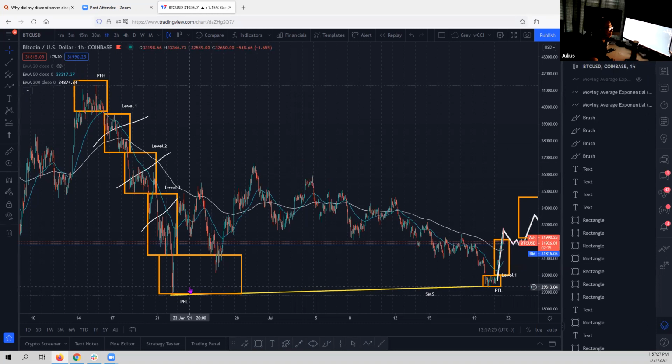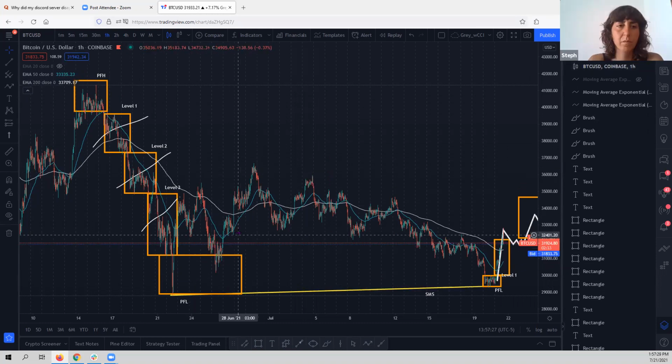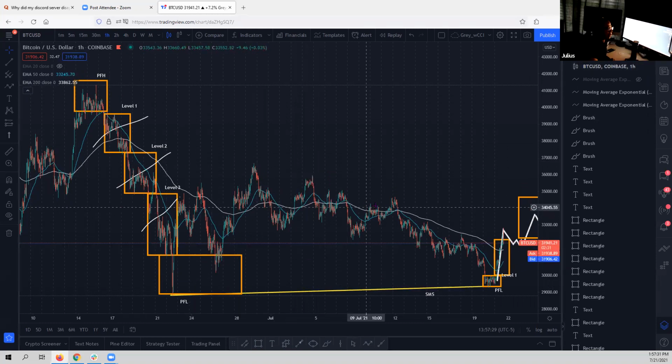And this is a big deal because inside of here, as long as we continue to go sideways and not develop a new peak formation low, we are either moving sideways or we're still counting levels. Until we create a new peak formation low, can we count a new level 1?